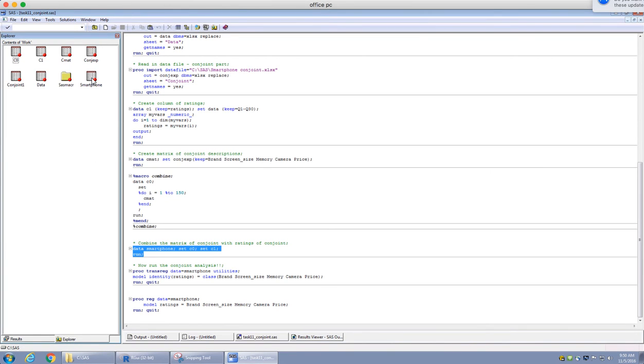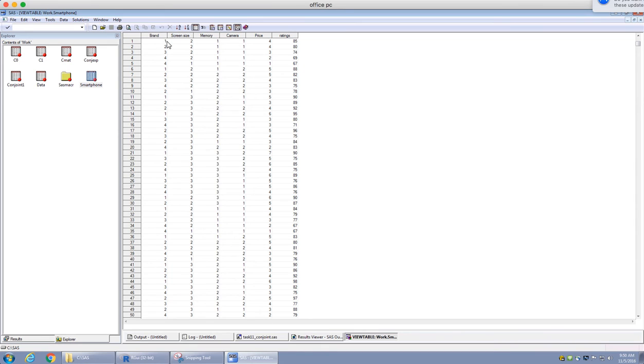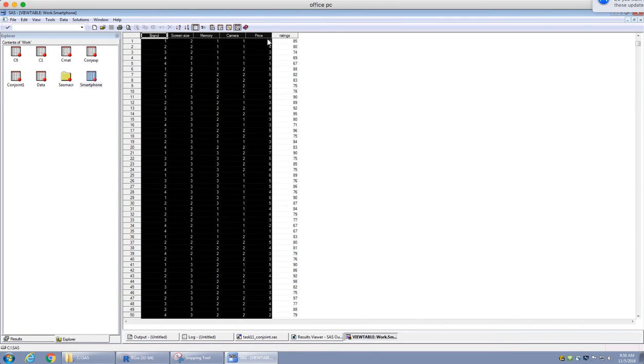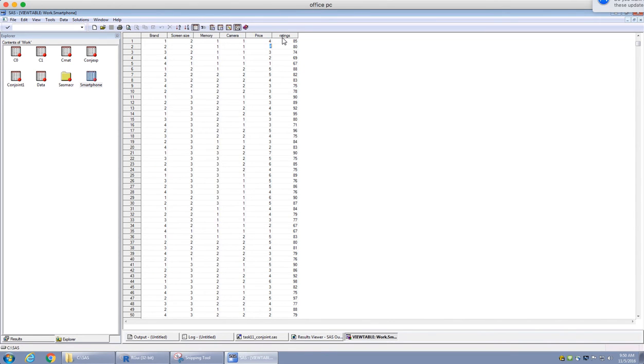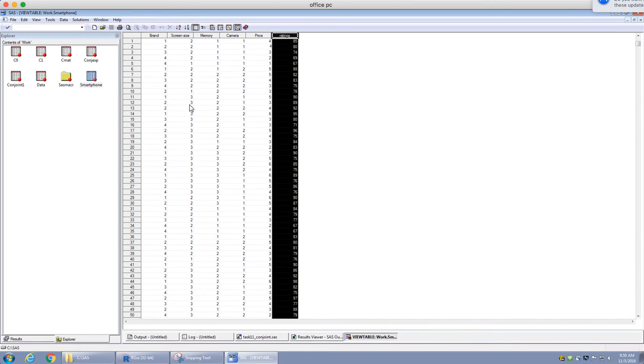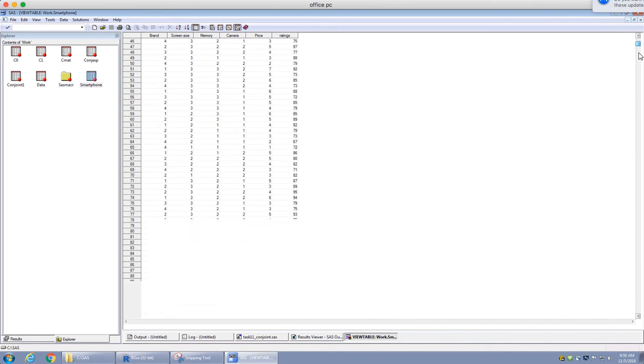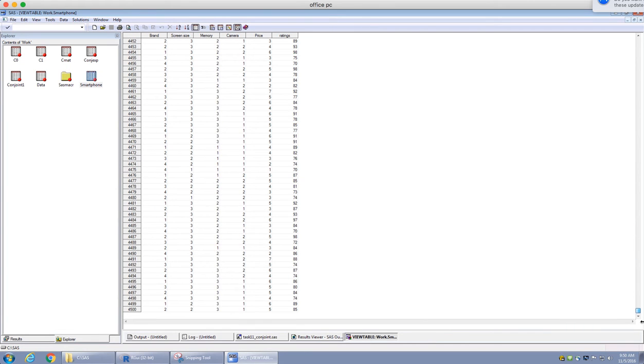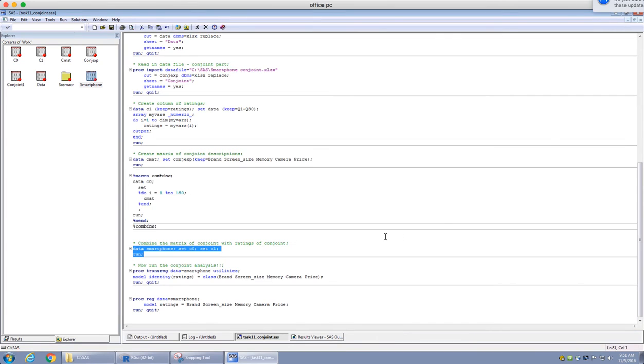If I go to smartphone, I'm going to have the attributes of each combination and its corresponding ratings for all of the observations, which seems to be 4,500, which makes sense because there were 30 combinations of attributes and 150 consumers that made the choices. So 150 times 30 is 4,500. So I'm going to close this and go back to my SAS file.